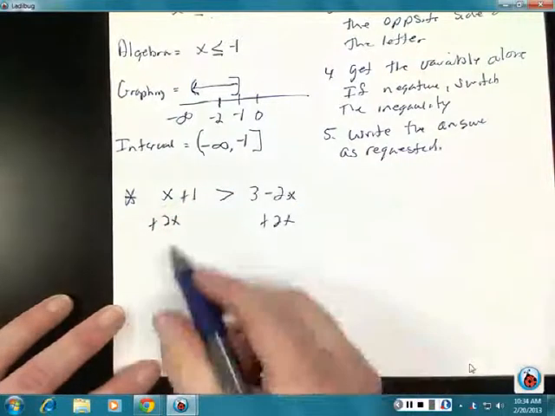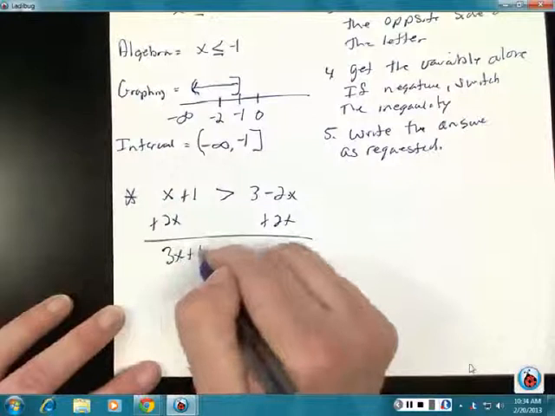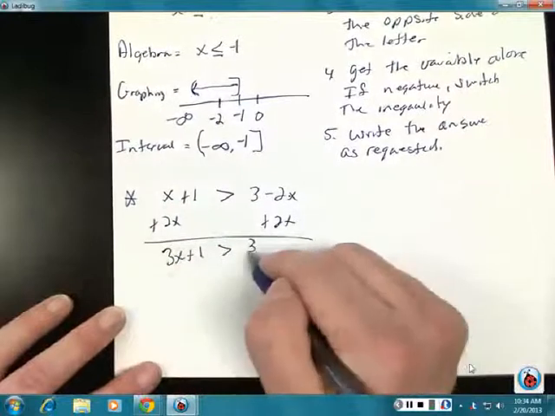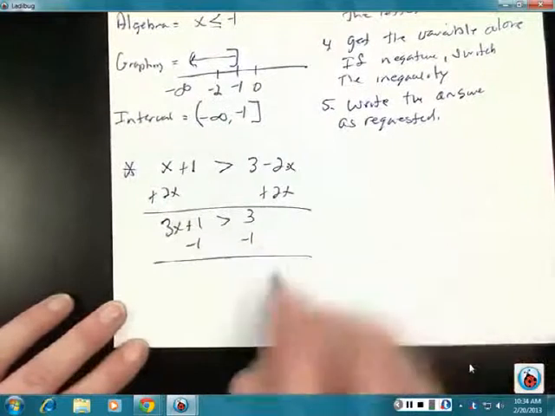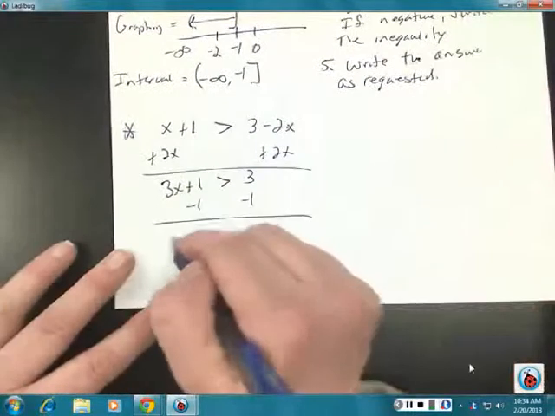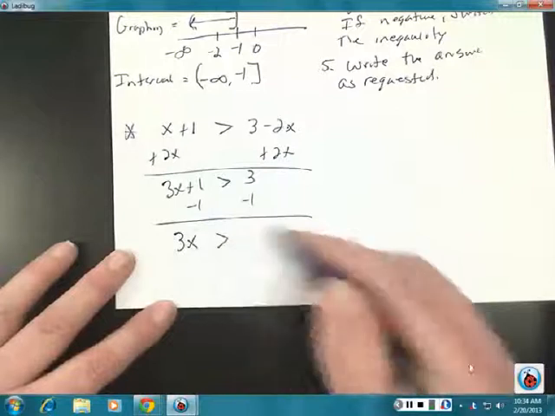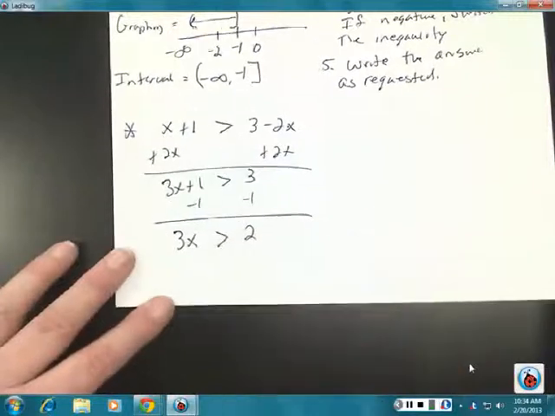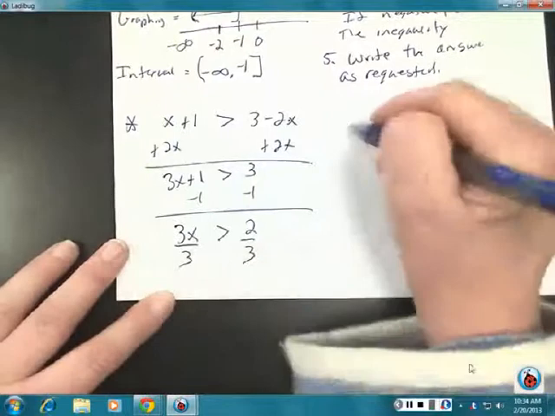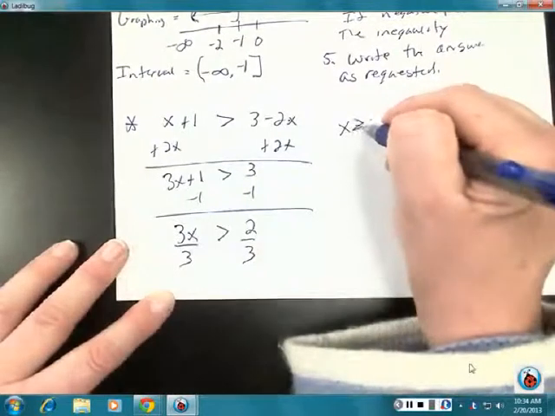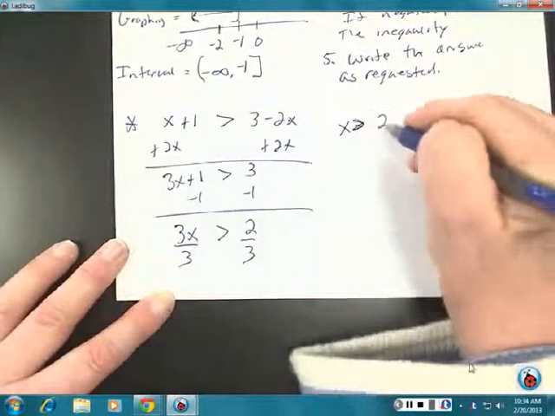So I get 3x plus 1 is greater than 3. Now what? Minus 1. So I get 3x greater than 2. Divide by 3, and I find out that x is greater than 2/3.